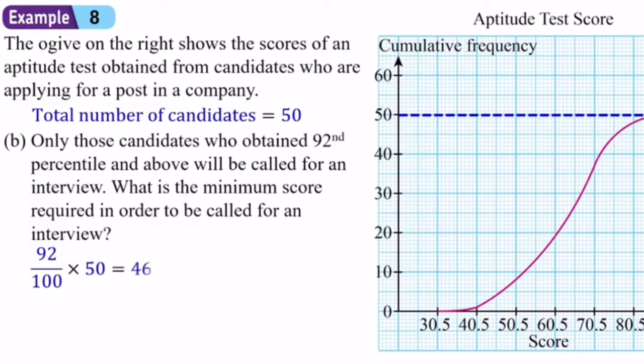So we will go to the cumulative frequency and mark the 46 before we can draw the dashed line to the ogive and intersect with the ogive before we can find out the vertical line that will give us the minimum score. Okay, now I'm going to show you how to label the 46.